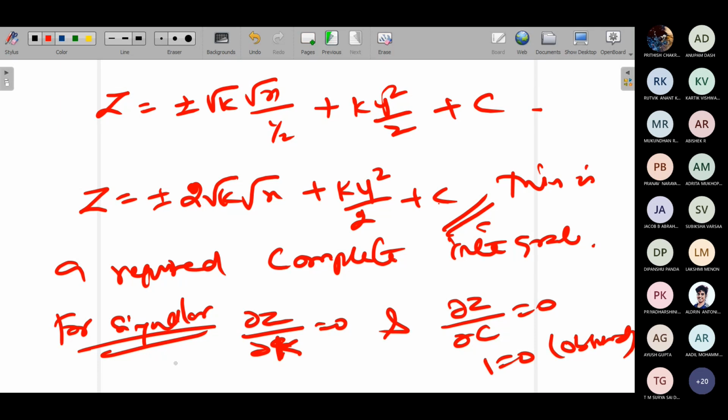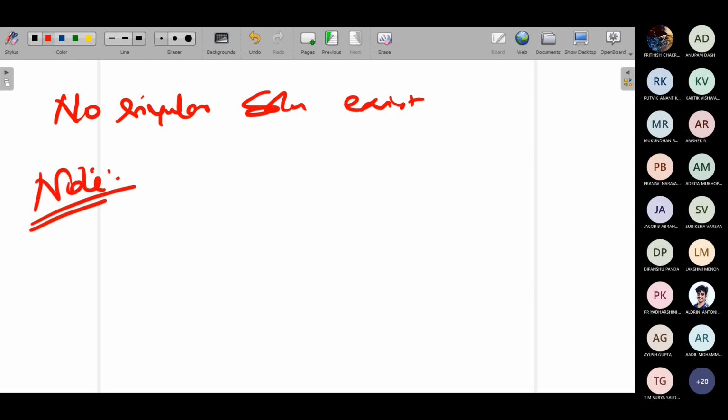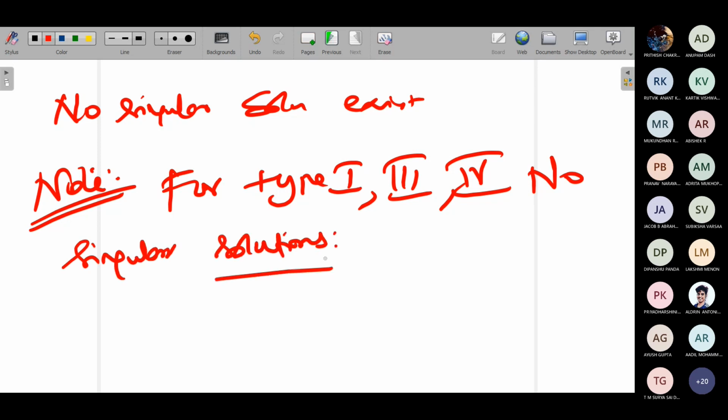Therefore, no singular solution exists. You can write one note: for type 1, type 3 and type 4, there are no singular solutions. Directly you can write this down. If they ask for the explanation alone, you write it.